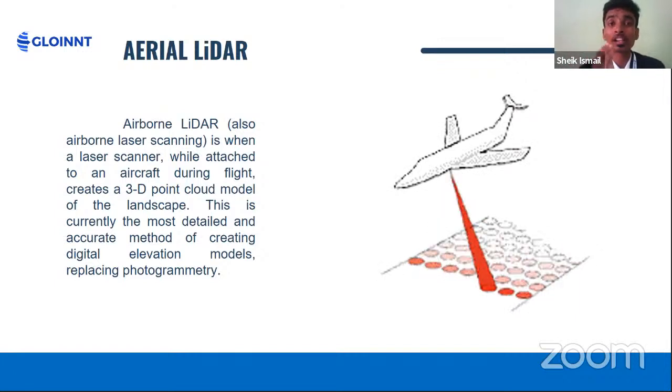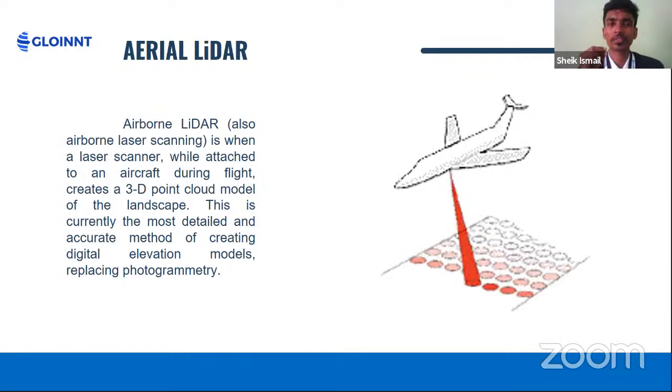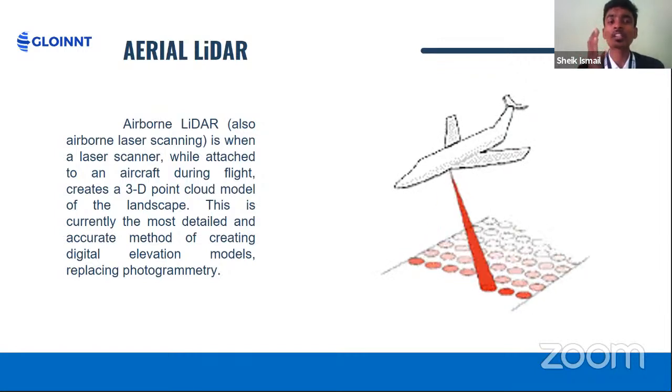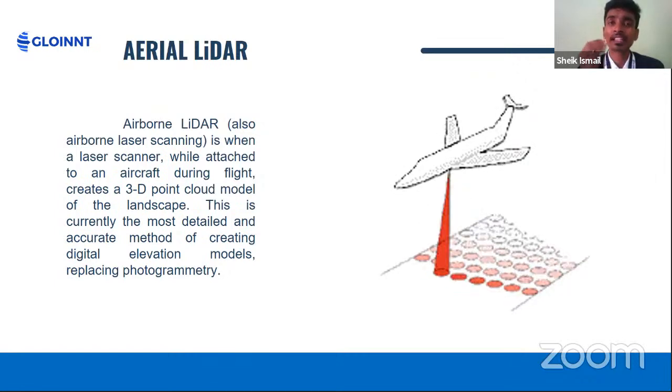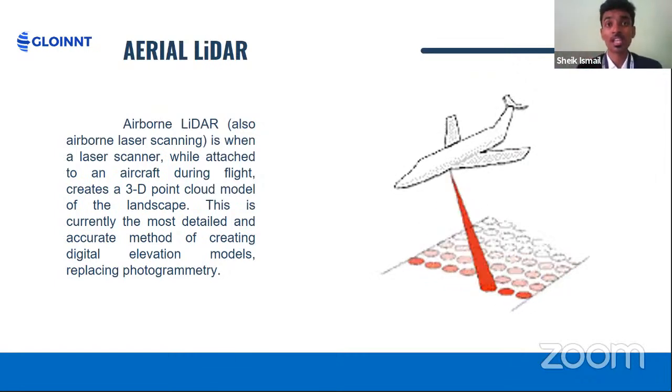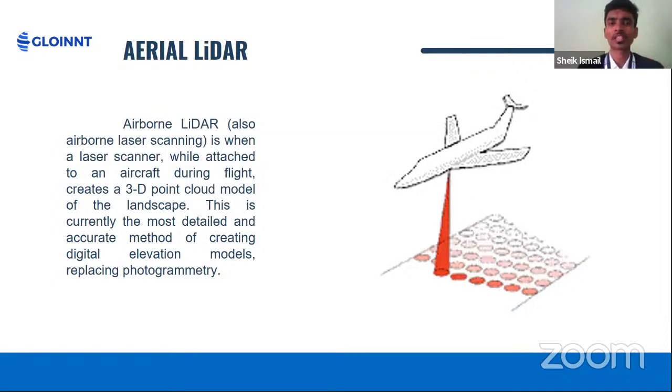The raw output from the lidar is a point cloud. This is currently the most detailed and accurate method of creating digital elevation models. Of course, it's replacing photogrammetry, giving greater accuracy.